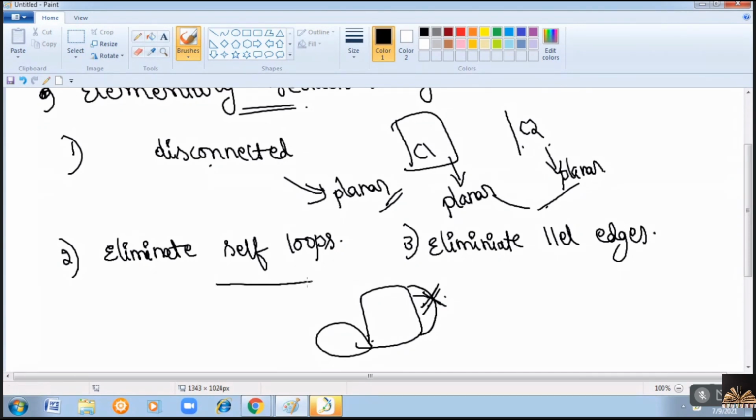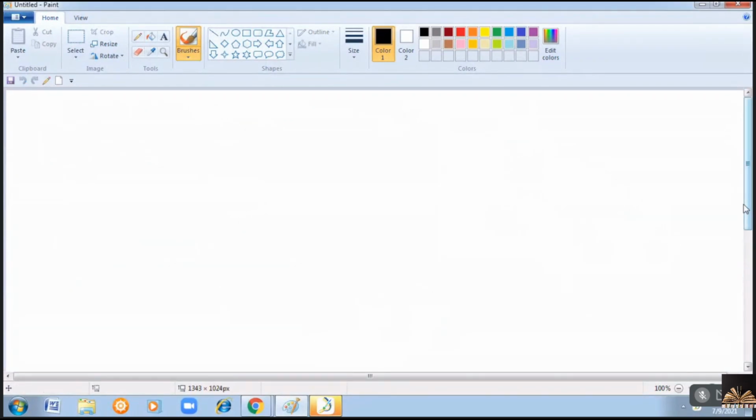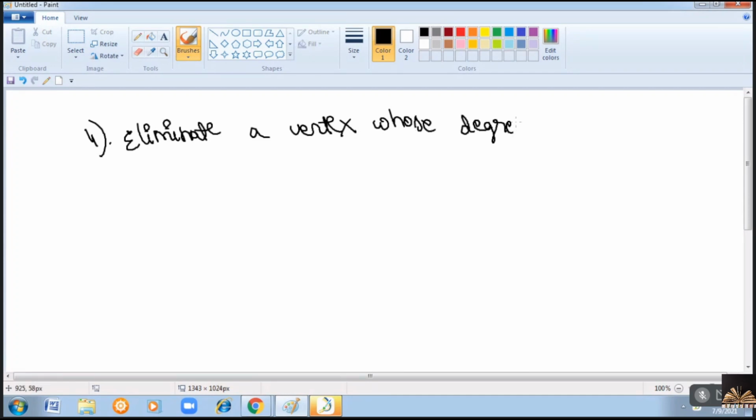So you have to eliminate self loops and the parallel edges. Next most important point is to eliminate a vertex whose degree is 2. You cannot eliminate all the vertices whose degree is 2.